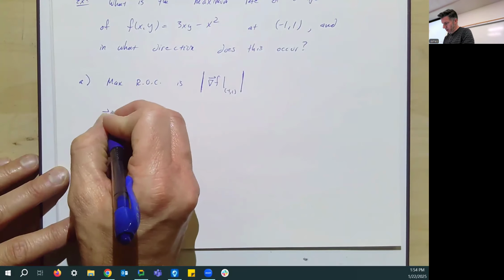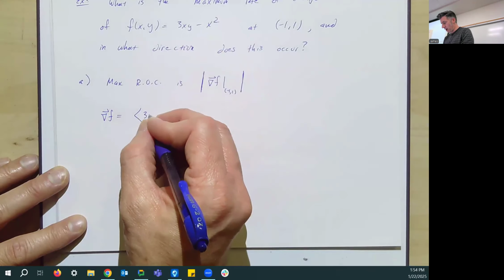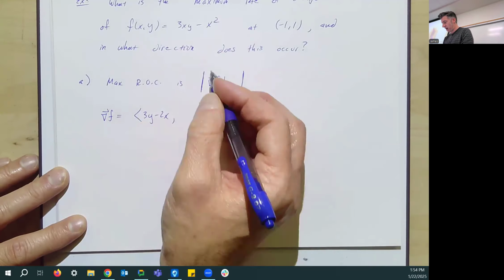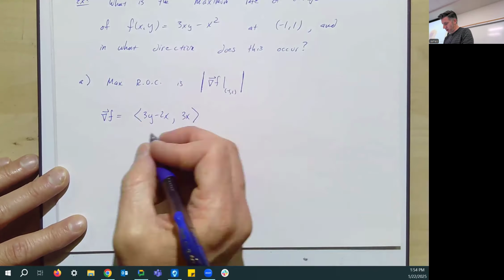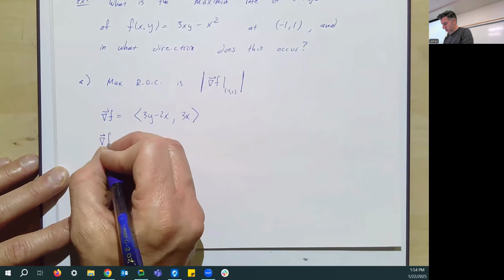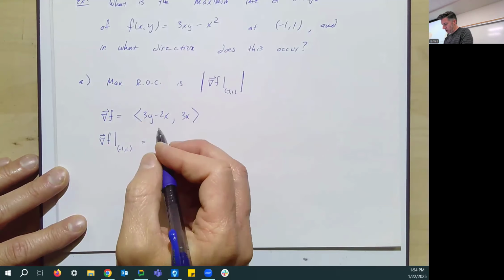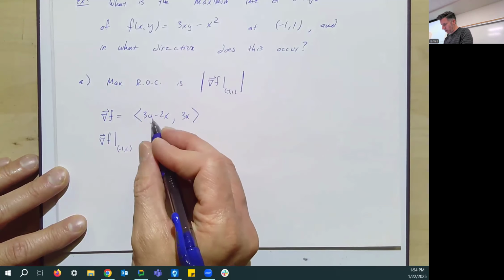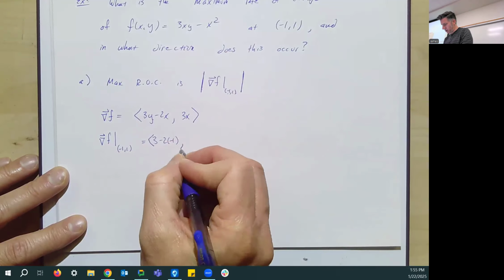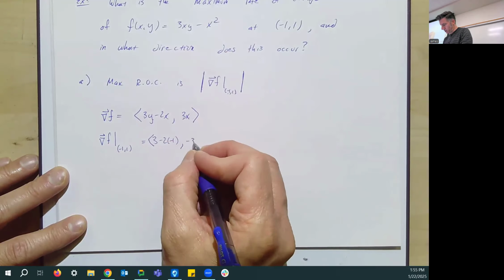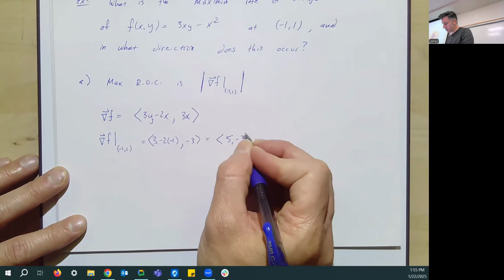The gradient is going to be the partial with respect to x, which will be 3y minus 2x, and with respect to y will be 3x. We plug in our point, which is -1, 1, and we're going to get 3 times 1 minus 2 times -1, comma 3 times -1, which ends up being 3 plus 2, so 5, comma -3.